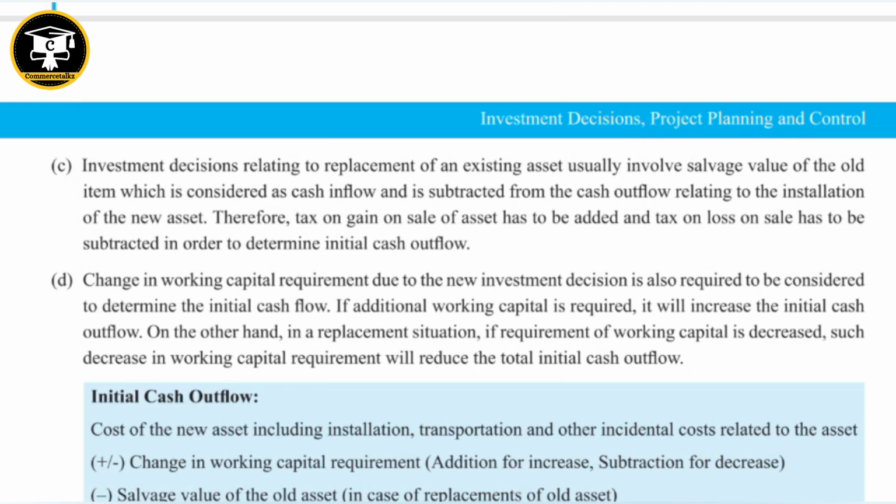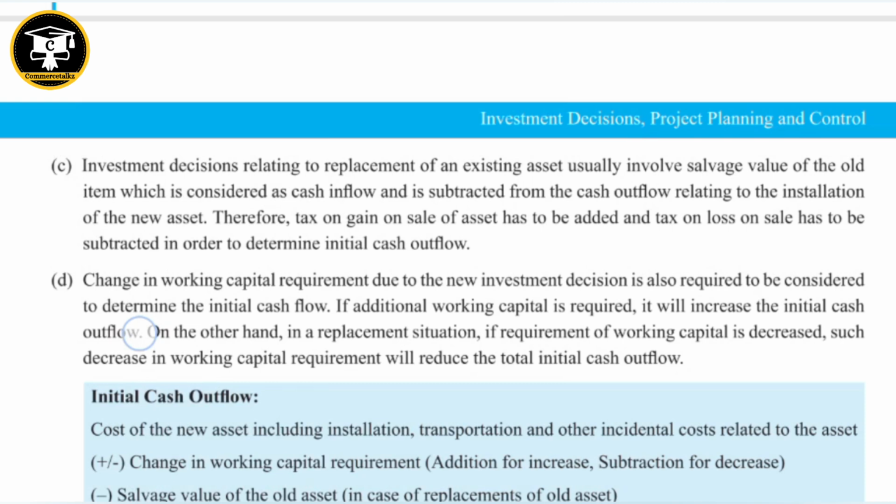Investment decision related to replacement of an asset considers salvage value. Salvage value or scrap value is the value which is received at the end of the useful life of a particular asset. Whatever amount is received from the sale of an asset at the end of its useful life is known as salvage value. That amount will be considered as a cash inflow and it will be subtracted from the cash outflow related to the installation of the new asset.